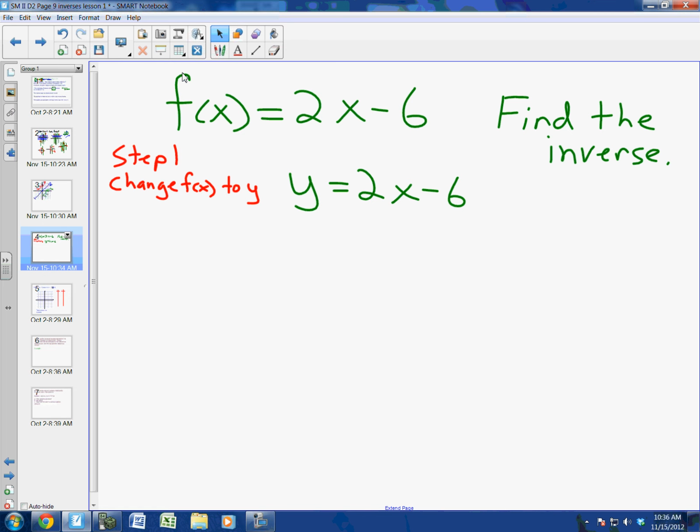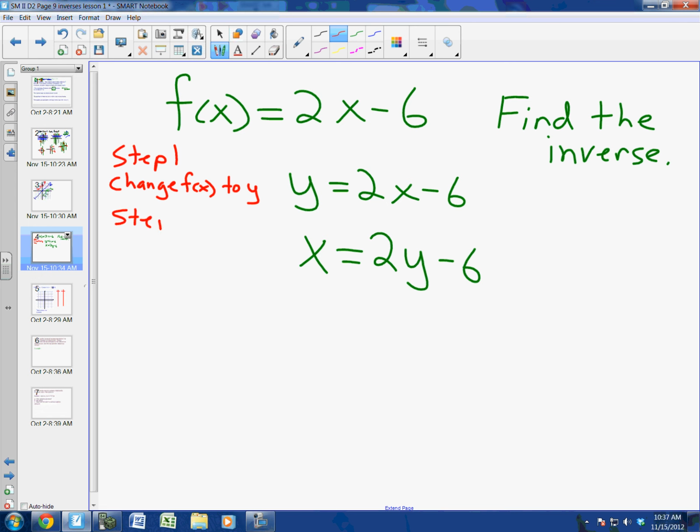So if I switch x and y, what would my new equation say? I switch x and y. That's all I do. Switch the x coordinate and the y coordinate. x equals 2y minus 6. I switched the x and y. So everybody write that down. That's step 2.